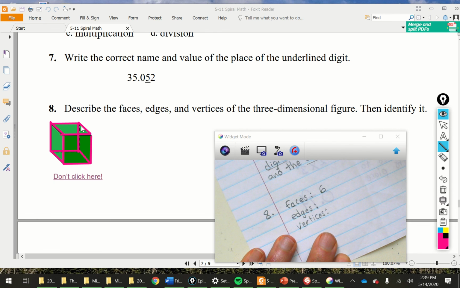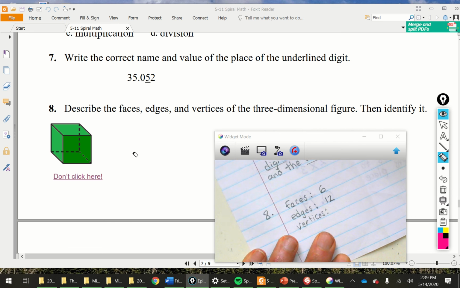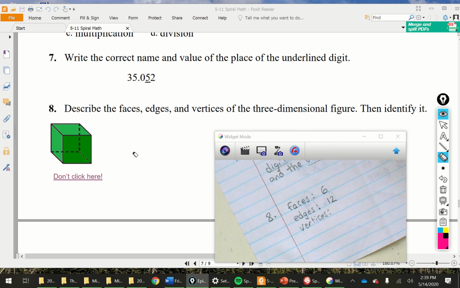So let me count them up. I have 1, 2, 3, 4, 5, 6, 7, 8, 9, 10, 11, 12. So 12 edges. Next thing I'm going to do, boys and girls, is count the number of vertices.